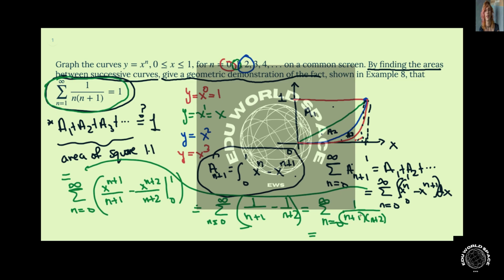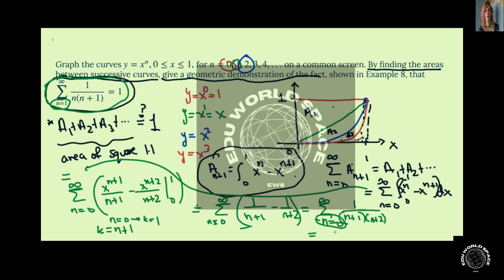I claim we're basically finished. But to make it more obvious, our denominator is different than theirs. The reason that's okay is because they're starting at a different end than we are. So let's use a different letter. Let's replace n with k. If n equals 0, this means k equals 1.